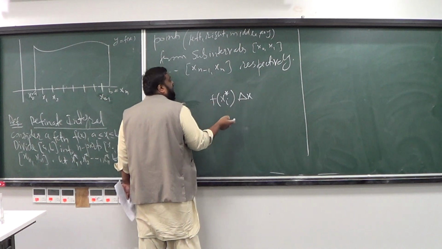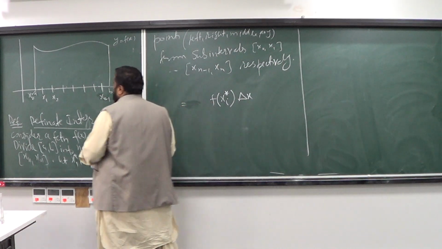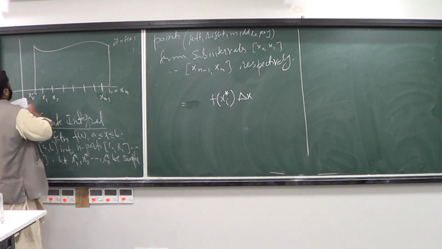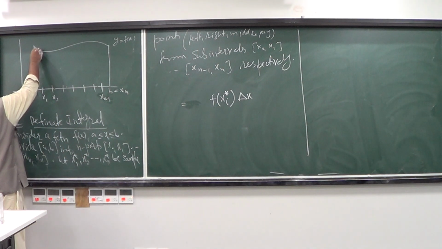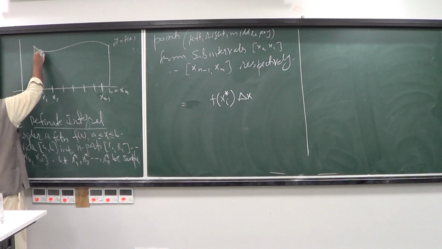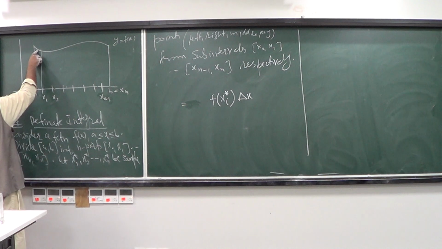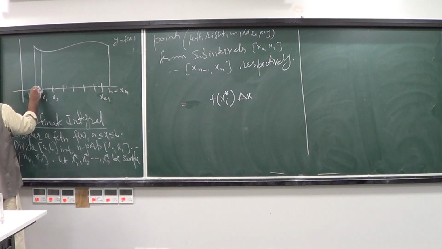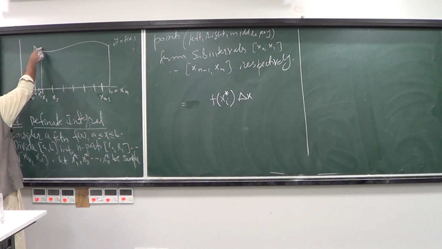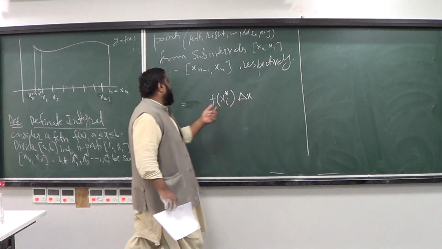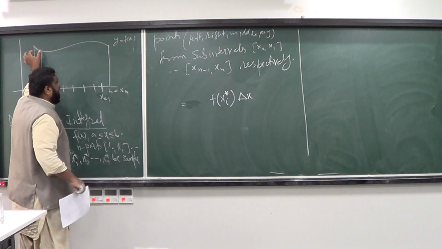So in each subinterval I choose the sample point and create a rectangle of that height. If I'm choosing the middle as my sample point, this is my x1 star, so this is f of x1 star. I choose this sample point and multiply it with the width. This is going to give me the area of the rectangle.